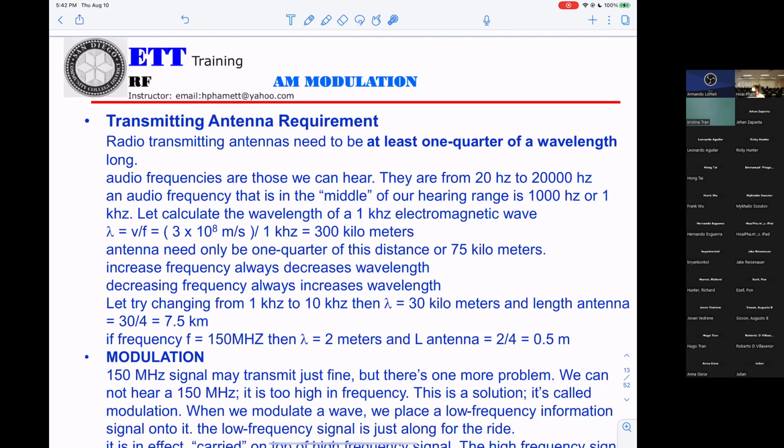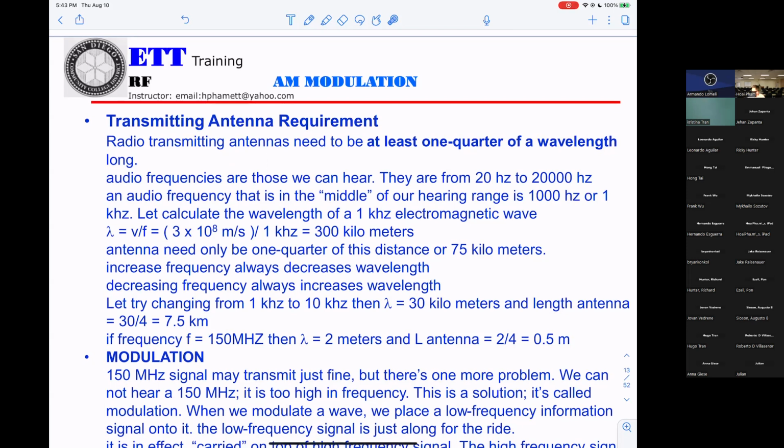They are from 20 Hz up to 20,000 Hz. An audio frequency in the middle of our hearing range is 1,000 Hz, or 1 kilohertz.